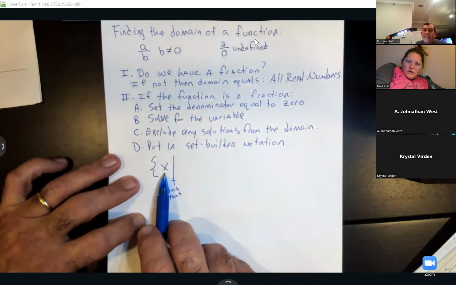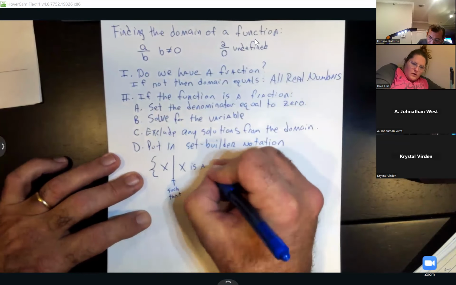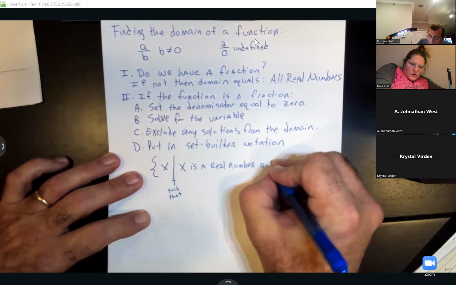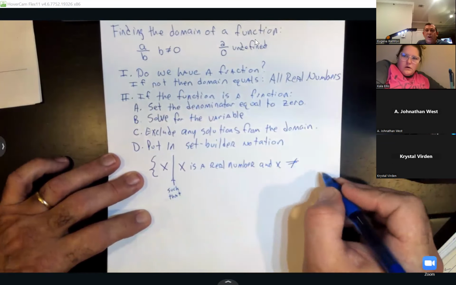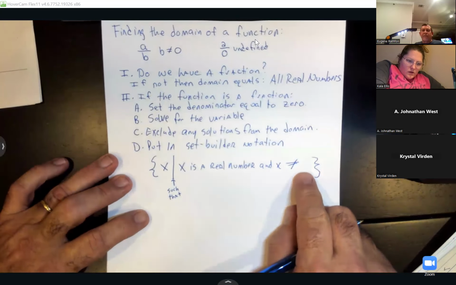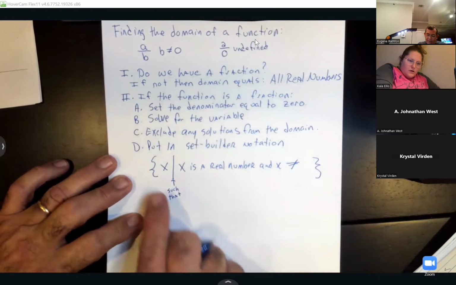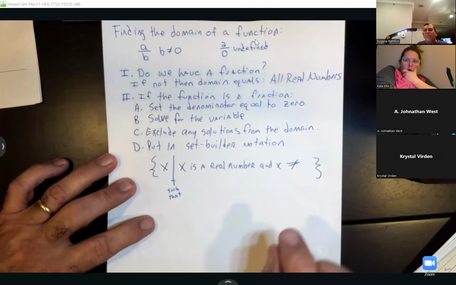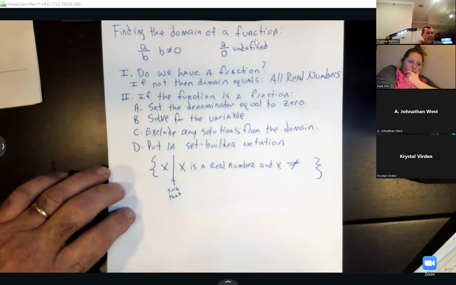So we're saying the domain is the x's such that x is a real number, and x cannot equal whatever number we get. So whatever we get for our solutions, we'll put x cannot equal that number and be done. This lets us know that this domain will work for any numbers except for that number that made my fraction a zero in the denominator.